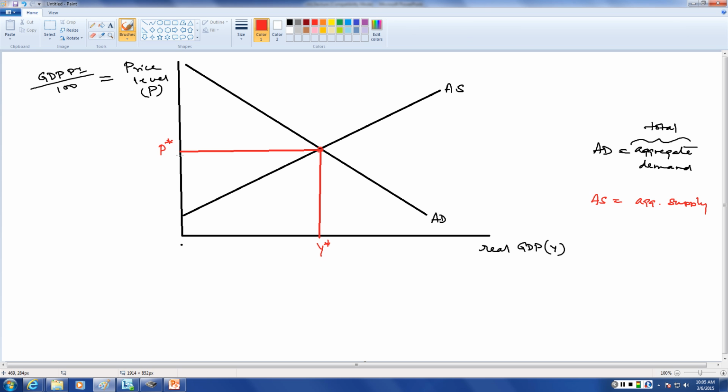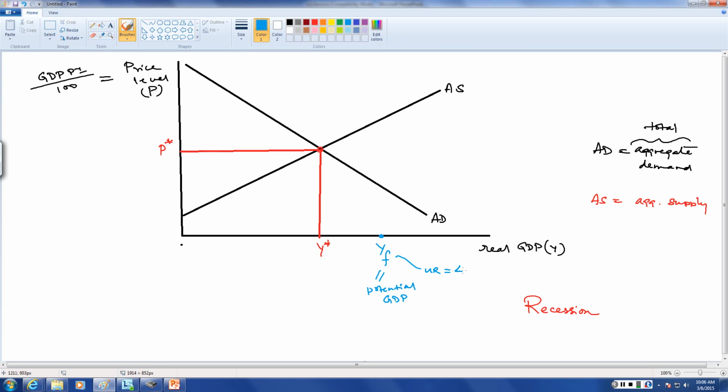Now, how do you view an economic recession? How would you view an economic recession in this diagram? Well, the way you would view it is by thinking of potential GDP to the right of Y star. This here is potential GDP, or full employment GDP. Right now, we know that at GDP level YF, what's going to be the unemployment rate?